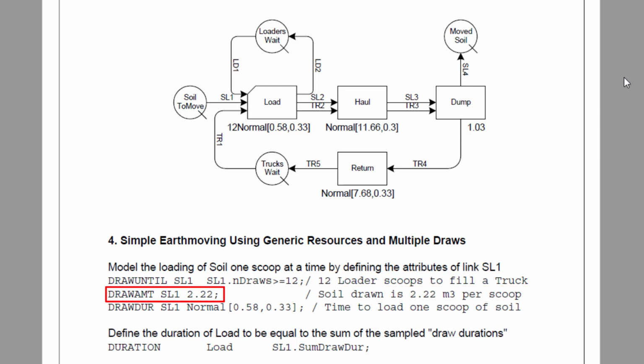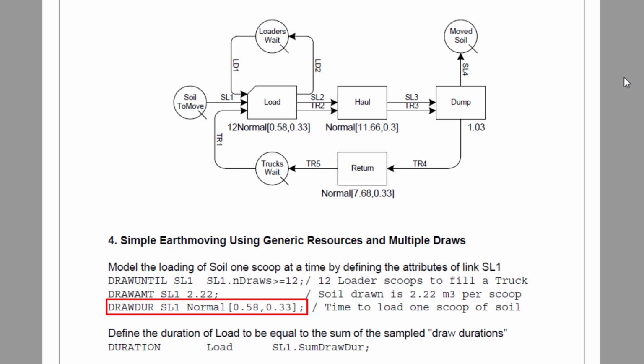The second statement is draw amount. Draw amount is followed by the name of the link, SL1, and then is followed by the amount that the link will draw from the preceding queue soil to move every time it draws. That amount is 2.22 cubic meters, and it represents the capacity of the loader's scoop.